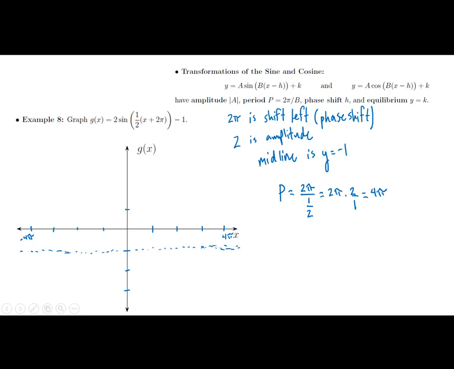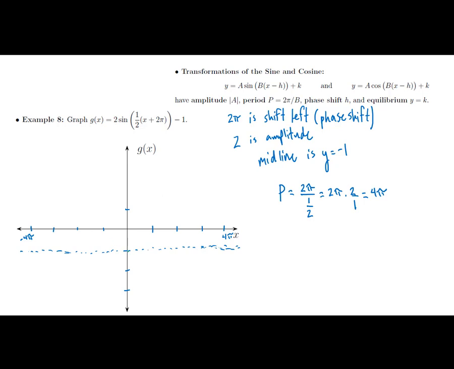All right, so then from there, to get this thing started, let's take into account the phase shift. So I have the function sine, and I know sine at x equals 0 would typically start at y equals 0, or at the midline, I should say.